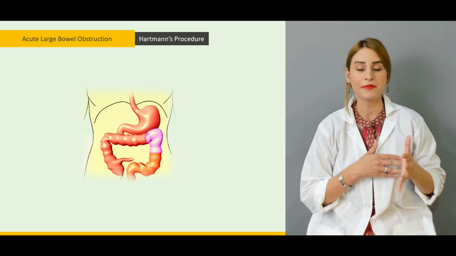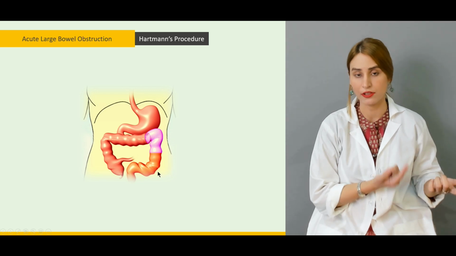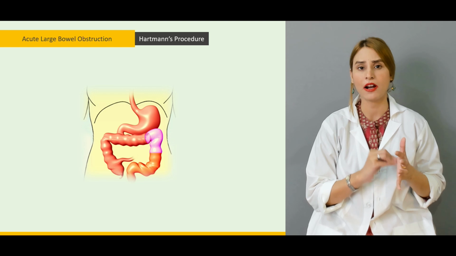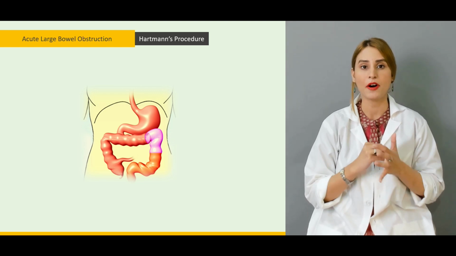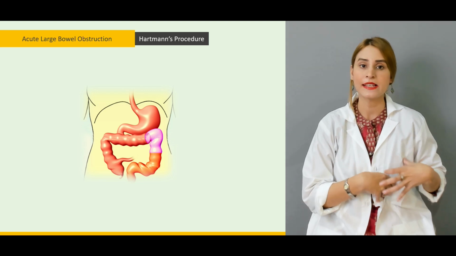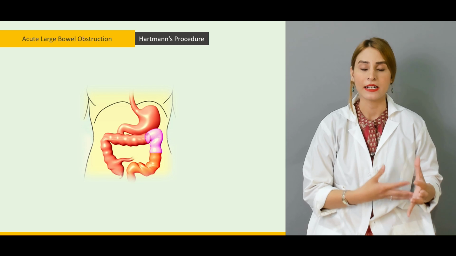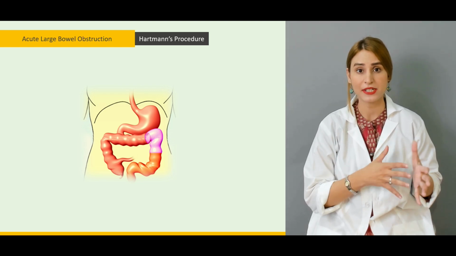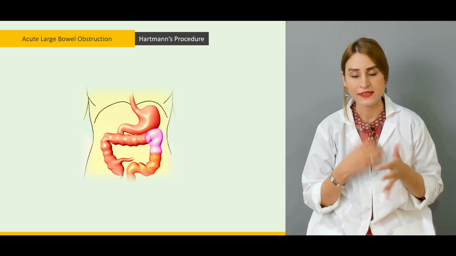So what you do in a Hartmann procedure is, you only bring out one colostomy, and the proximal part of the resected segment, or the proximal part of the healthy colon, is brought out as a colostomy, and the distal part stays there, kept in the abdomen, inside the peritoneum, in the same place.